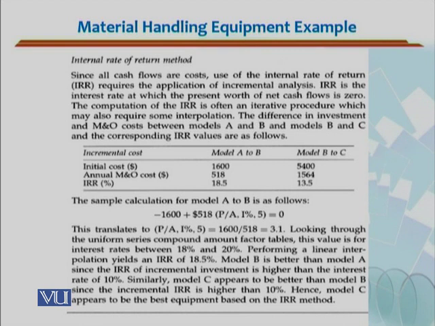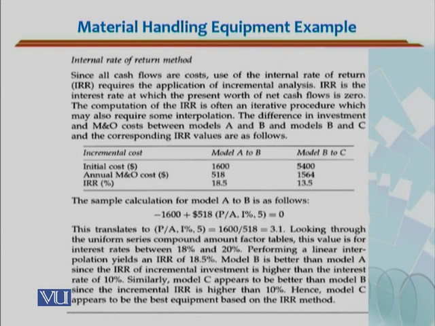So when you look it up in the table of compound amount factors, you will find that between 18 to 20% the value would be 3.1. Performing a linear interpolation yields an IRR of 18.5%. Interpolation आप करना चाहें तो कर सकते हैं, otherwise it's fine. तो interpolation method से it's between जो 18 to 20% था, it would become 18.5%.